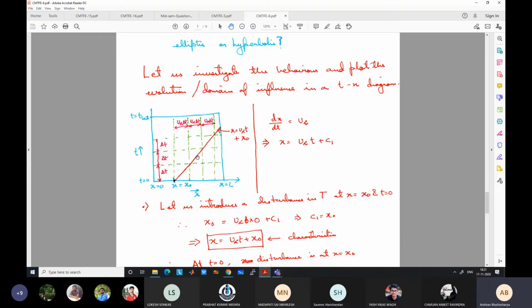So this point can only influence the points ahead of this point. The entire line is not the domain of influence or domain of dependence. Only the points ahead of this along this forward direction is the domain of influence, and this point depends only on the points below this, means before these points, along the time or space.